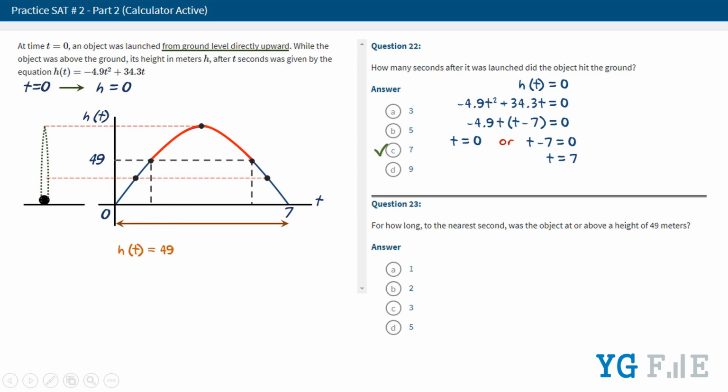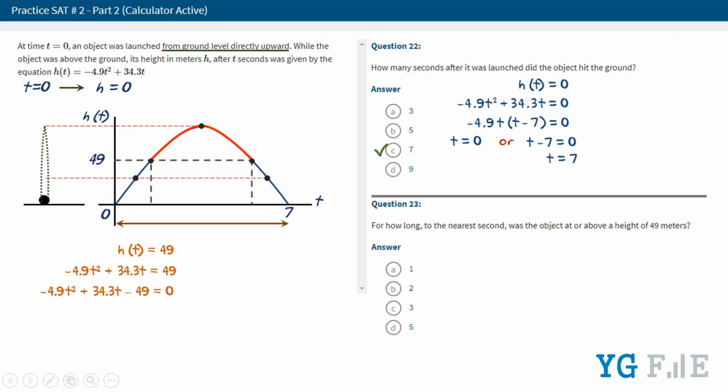So we set the height to be 49 meters and substitute the value of h into the left side. We get this equation, and to solve this quadratic equation, we need to make the right side become 0. So we subtract 49 from both sides, and we get this equation.